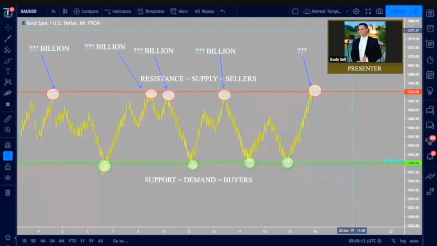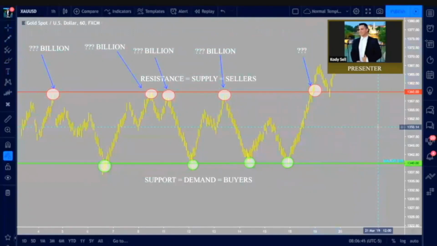Each time we visit this level, it becomes more and more likely that all of the orders are going to have been filled. It becomes more and more likely that there are no more sell orders remaining, it becomes more and more likely that this level will break and price will continue on as if it didn't even exist. Why? Because all the orders have already been completed.